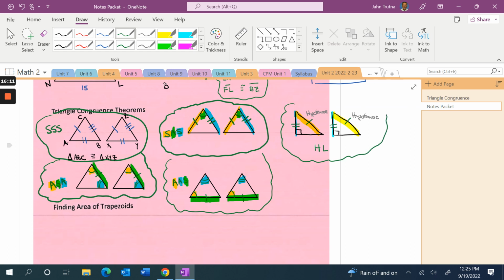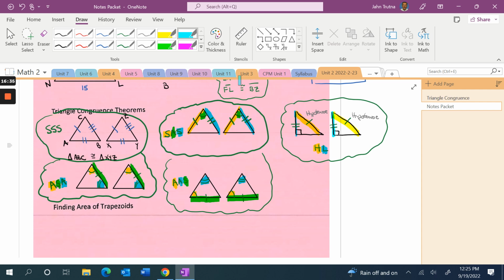And this hypotenuse leg rule is specific to only right triangles. So what does it say? The hypotenuse leg rule says the hypotenuses of the right triangles are equal to each other, and then one pair of the legs, and those are the blue ones, are equal to each other. But you don't know anything about that second pair of legs, okay?